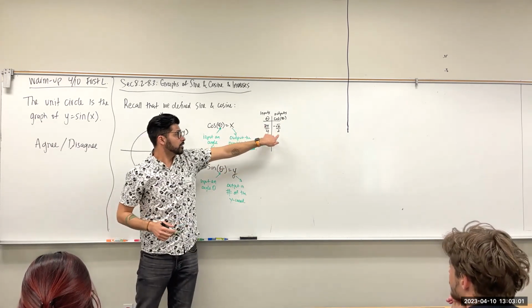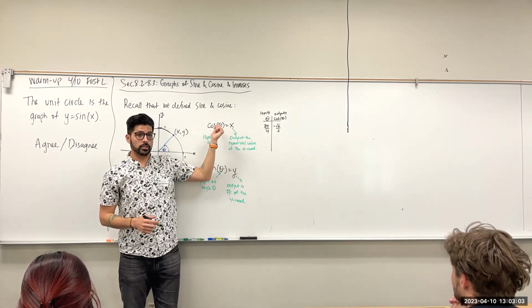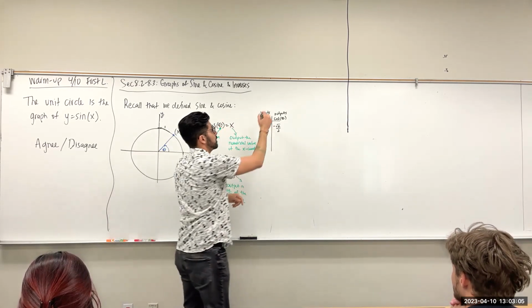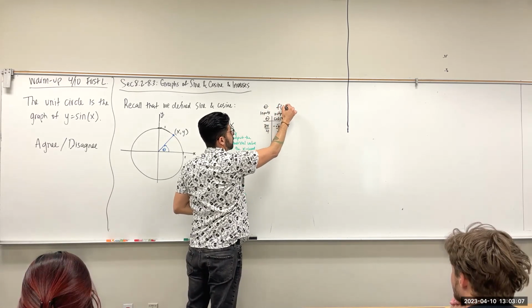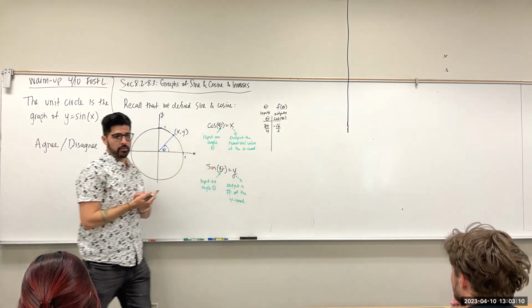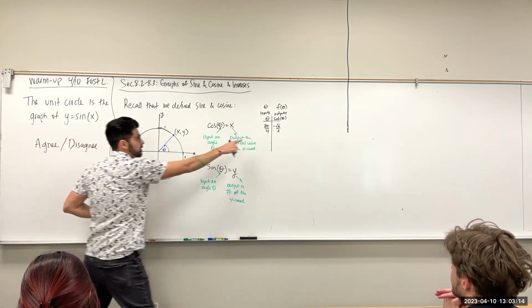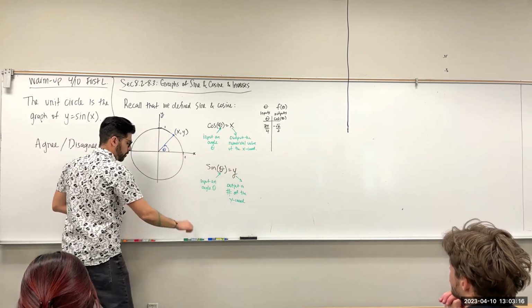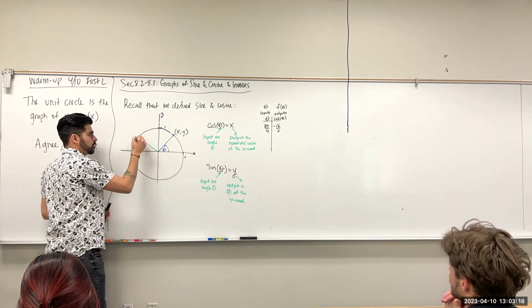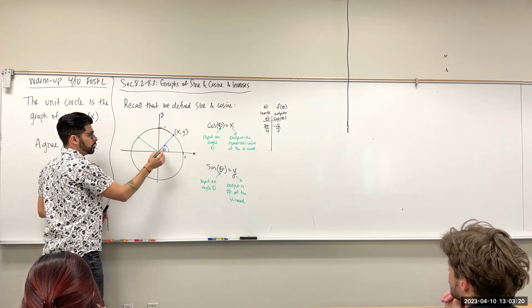If I plot this table, I'm referring to this function. This is my input here, and then this would be my output, the way you guys have been doing it with previous functions, right? So this point, the one that we just drew here, corresponds to this situation right here.